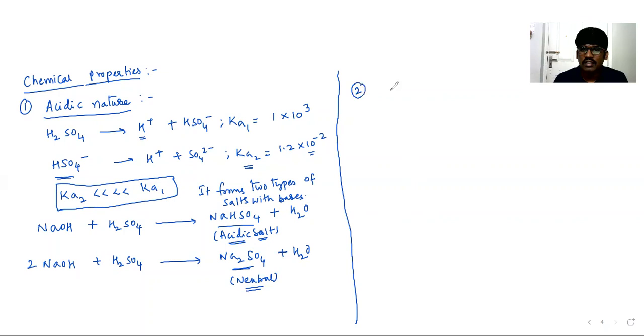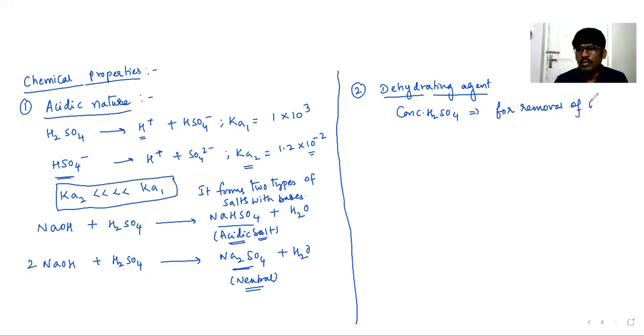And second one, H2SO4 can act as a dehydrating agent. Best example of a dehydrating agent is concentrated H2SO4, which has a high affinity for the removal of water. It can be used for removal of water.